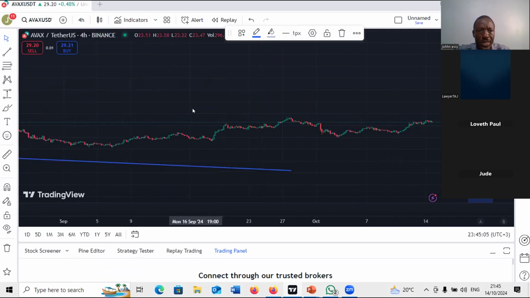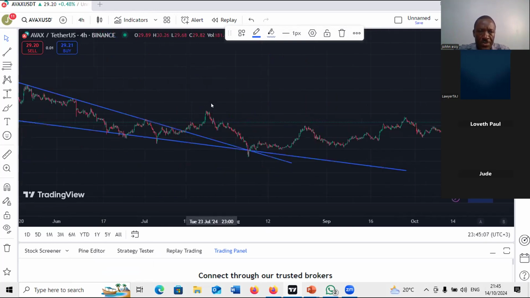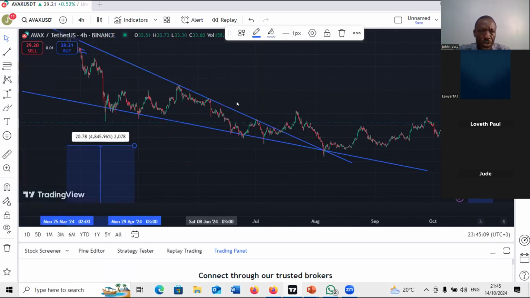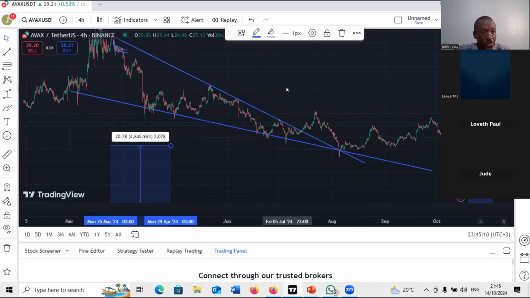So let's look at the 4 hour time frame, and you'll see what is happening. If you have drawn your trend lines well, they will obey all the time frames. They will not go out so much. But if you didn't do it well, then it will give you a problem.